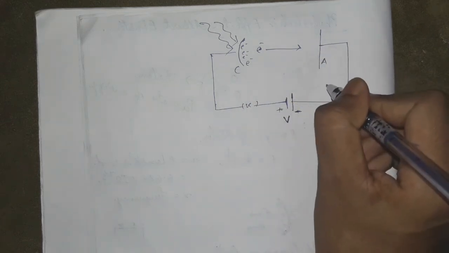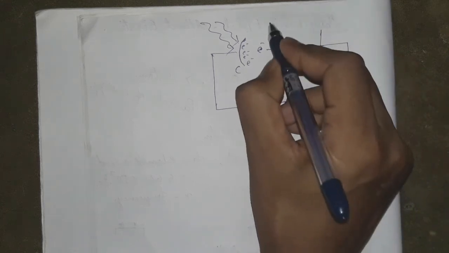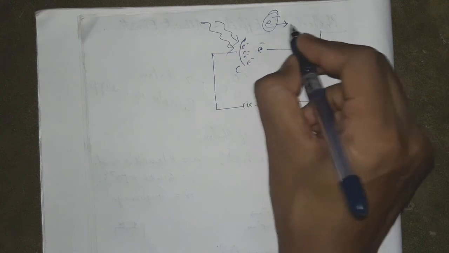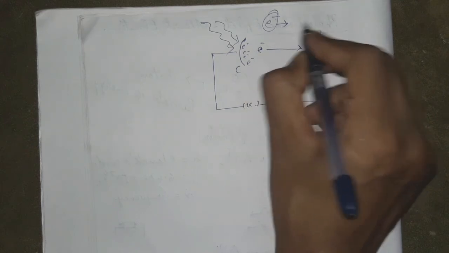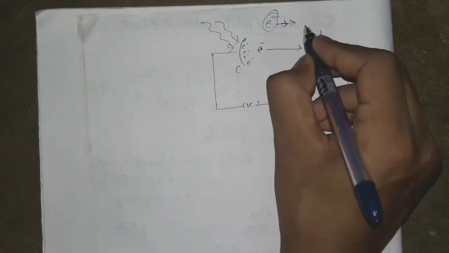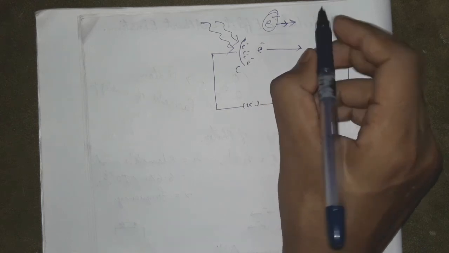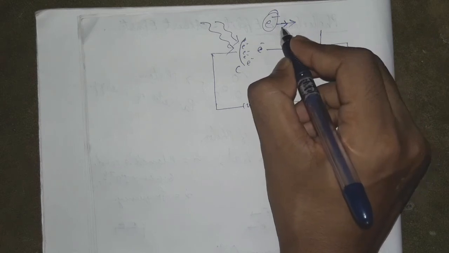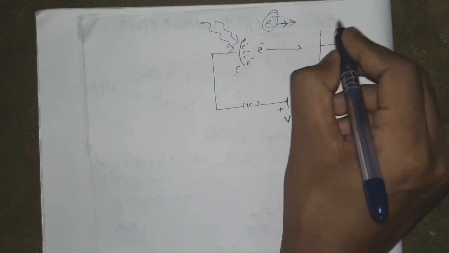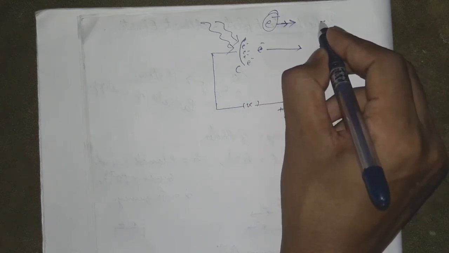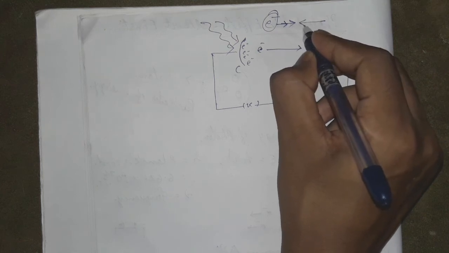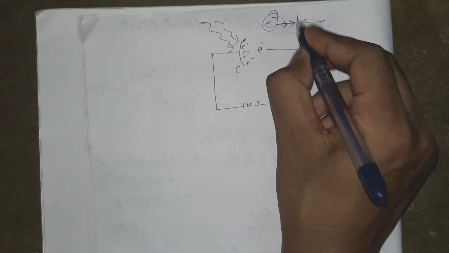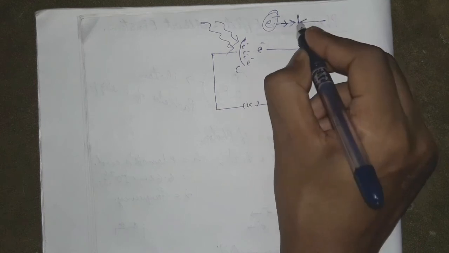Suppose we are pushing an object or electron in this direction. To calculate how much energy we are applying, we can apply another energy in the opposite direction. At a certain point it will stop, it will not move.